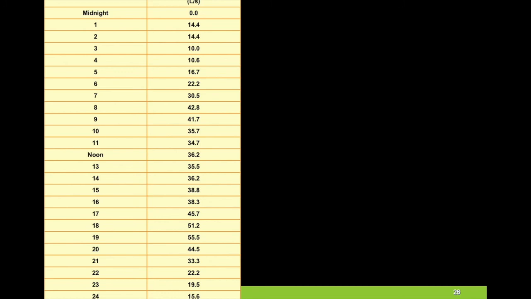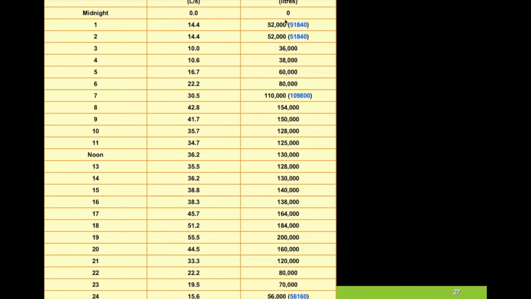And in 1 hour there are 60 minutes, so that means 14.4 times 60 times 60. So the amount of water in 1 hour is 51,840 liters for that hour.